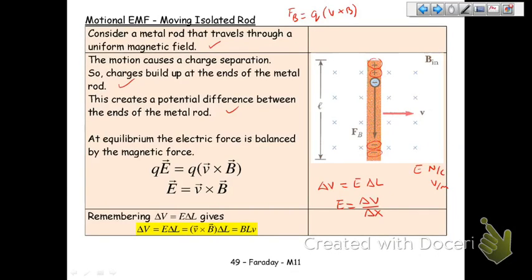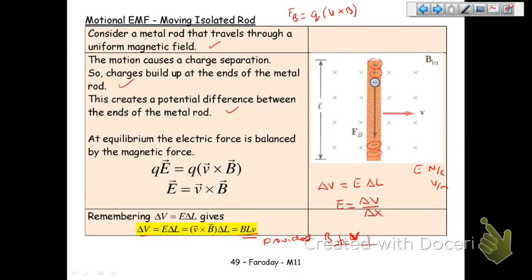Delta V is equal to E times, not delta S, call it delta L. So we get our EMF is equal to E times delta L, which is V cross B times delta L. You just multiply both sides by delta L, which equals BLV, provided B is perpendicular to V, actually, and I suspect perpendicular to L as well.